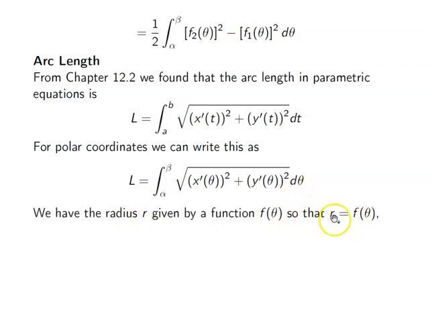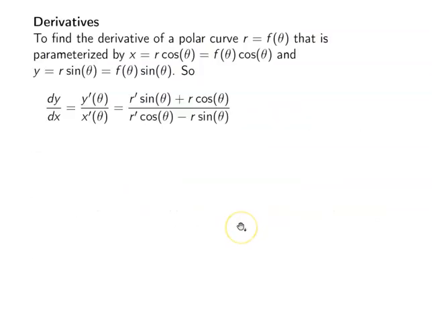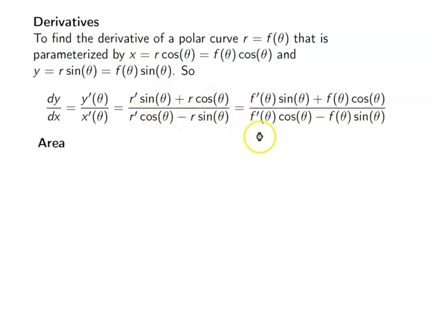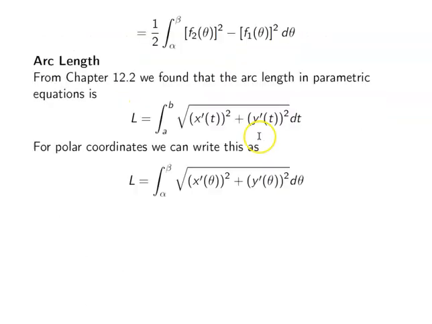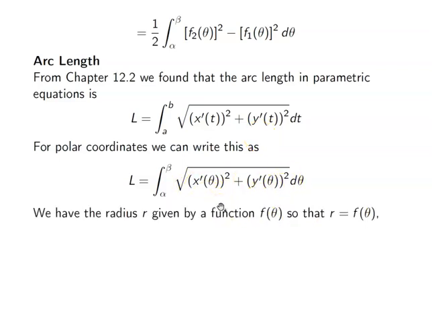So I would like to do this in terms of r and f theta. I know what x prime theta and y prime theta look like; I did that here. So I'm going to plug this stuff into the general forms and see if I can make my life a little bit easier.